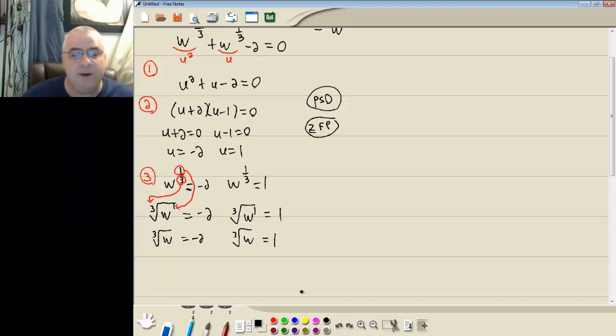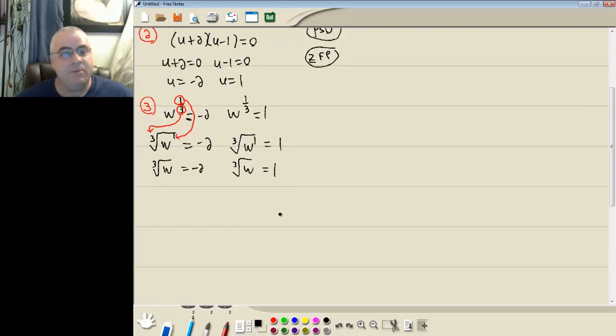Well, these are radical equations. And if you remember our steps for solving radical equations, first step was to get a radical by itself, which we have. Second step was to raise both sides to a power equal to the index. Index is numbered in this slot right here, so we're going to take both sides to the 3rd power.